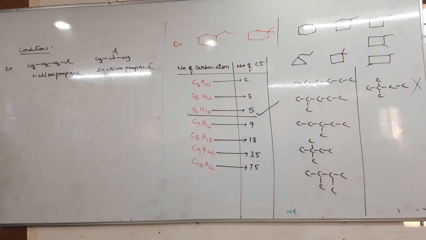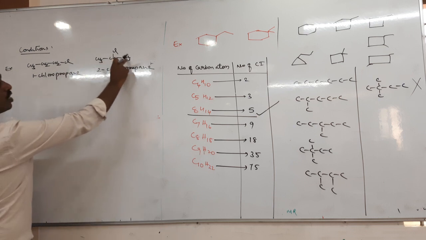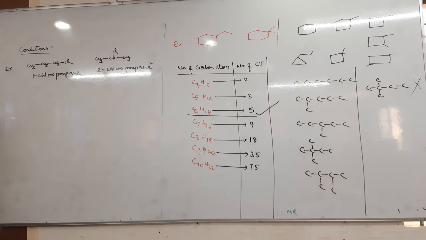Right. Then tell me, whether they are chain isomers? No. Chain is the same. 1, 2, 3 carbon, 1, 2, 3 carbon. Chain is the same. They are not chain isomers. They are positional isomers.